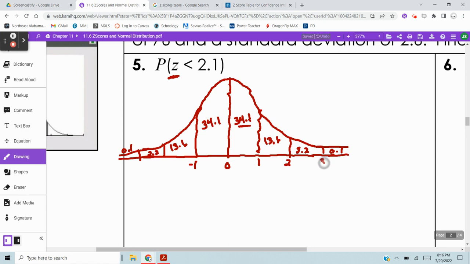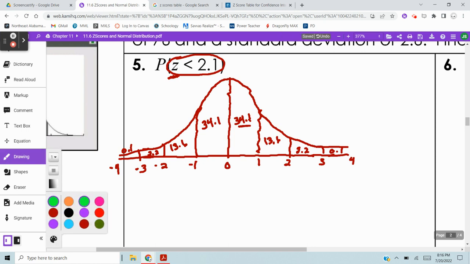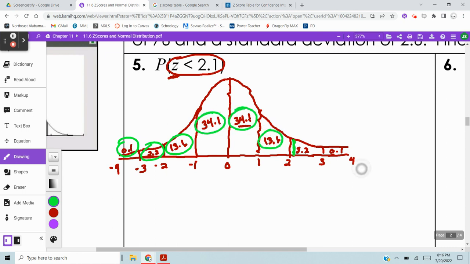Let me draw my actual numbers here: negative 2, negative 3, negative 4. So when you're saying the probability that you have a z-score less than 2.1, well, 2.1 is slightly to the right of 2. So we're simply saying the probability of being less than 2.1 would be this and this and this and this and some more added together.